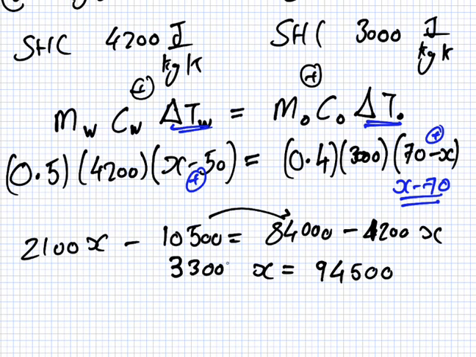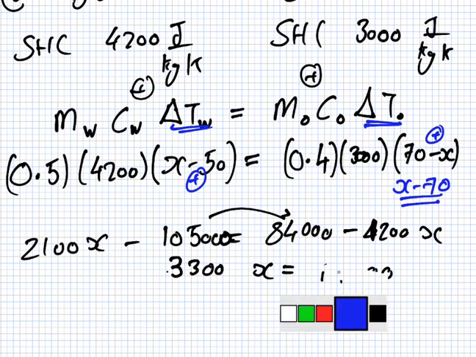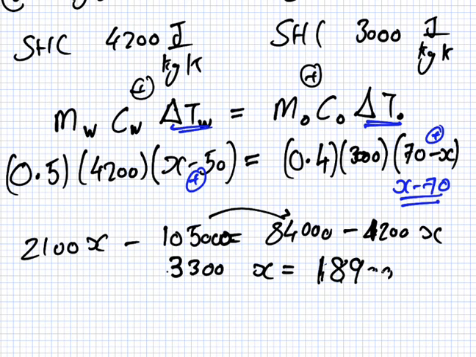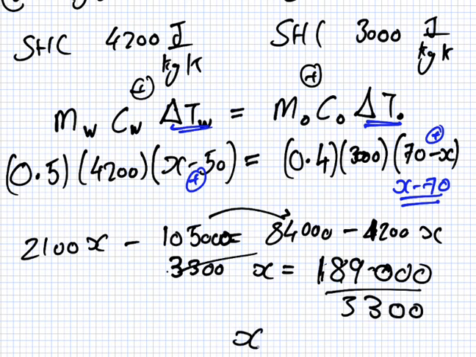So that gives 189,000. Finally, divide that by 3,300, and you get for x, which should be somewhere between 50 and 70, I sure hope.